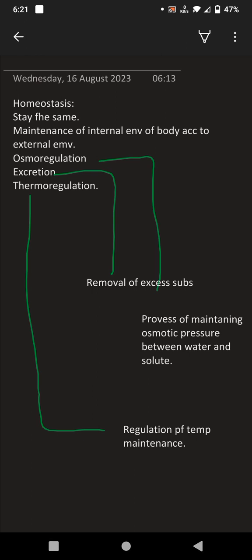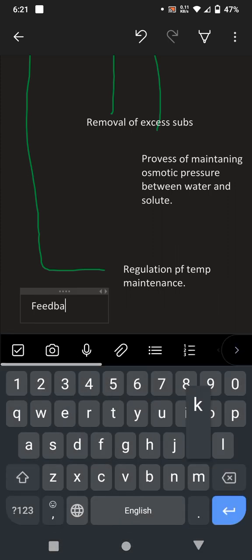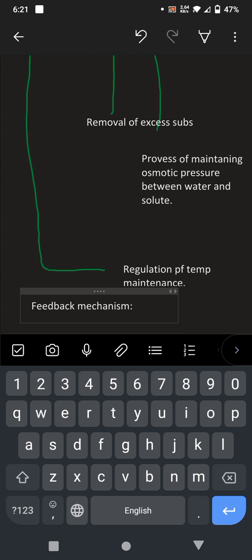Basically, homeostasis requires a mechanism to balance the system. Of course, if it is maintaining the whole internal environment of our body, it will definitely require a mechanism. So there's a mechanism known as the feedback mechanism, which checks and balances things.